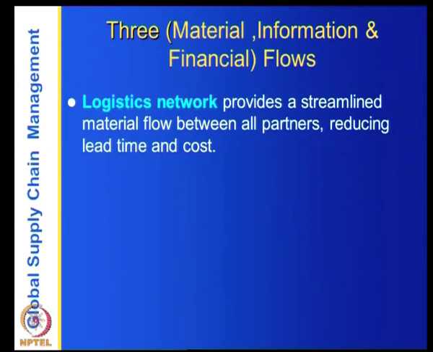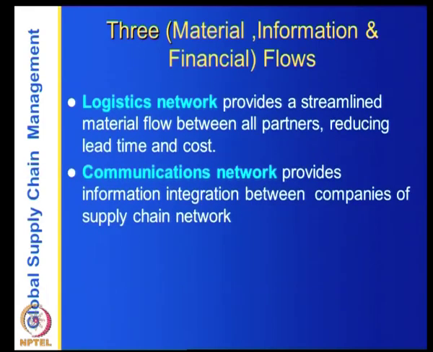It's very important that the time taken to supply is low, and also the cost, because if the time is high, then the manufacturer has to keep what is called safety inventory. So, your logistics network has to be streamlined and the lead times have to be reduced. When the lead time is reduced, that means the quality is high as well as the cost is low.